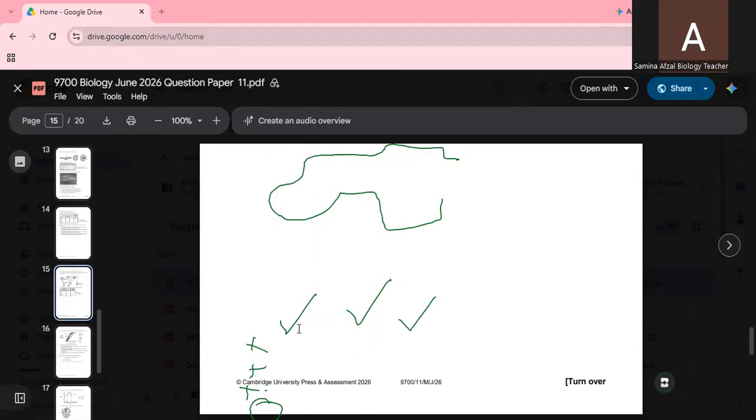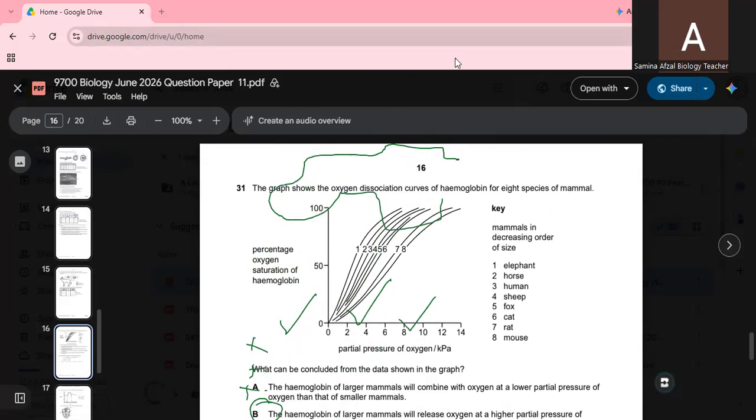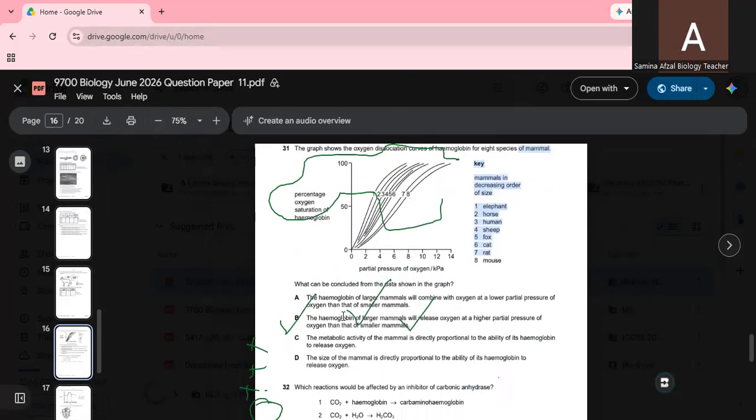So question number 31: you can see question number 31.